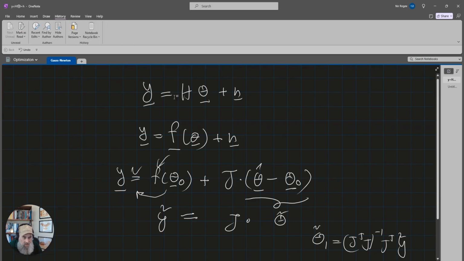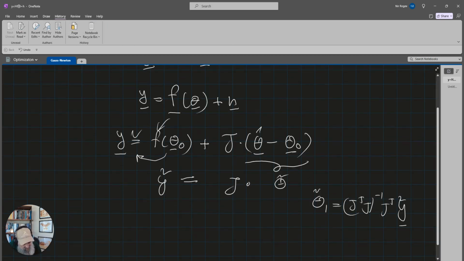Okay, so we solved it, and this is the first iteration. So now we have another, maybe more accurate guess for theta, and we can use it to expand again and to calculate the Jacobian matrix again, and to pseudo-invert this Jacobian matrix and solve for theta 2, and then for theta 3, and so on until it converges to a tolerance of error that we define.